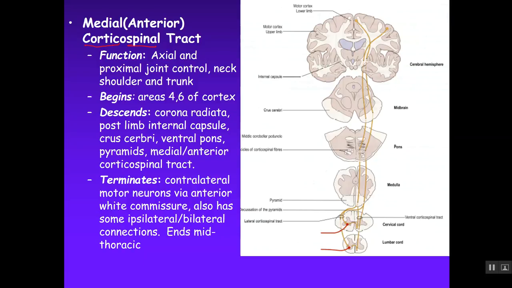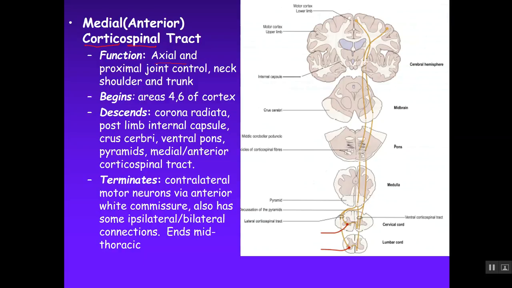Its main function is that it innervates or contributes to axial and proximal joint control, especially of the neck, shoulders, and trunk, okay? It tends to diminish as you go down into the thoracic and lumbar spine. It doesn't play as big a role as you get lower. It's more in the neck, shoulder, and trunk, and not so much the lower body.